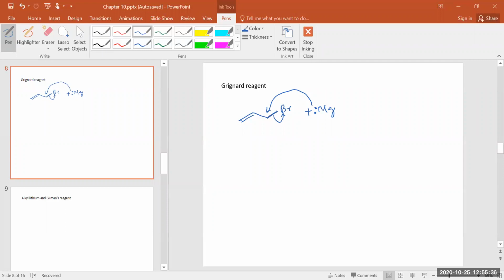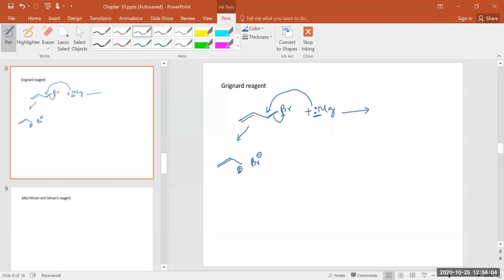So try to understand, more specifically: suppose bromine leaves, so you will have a positive charge on carbon and bromine will have a negative charge. Two electrons are coming from magnesium, so one electron will neutralize the positive charge, and another electron will give this carbon a negative charge.